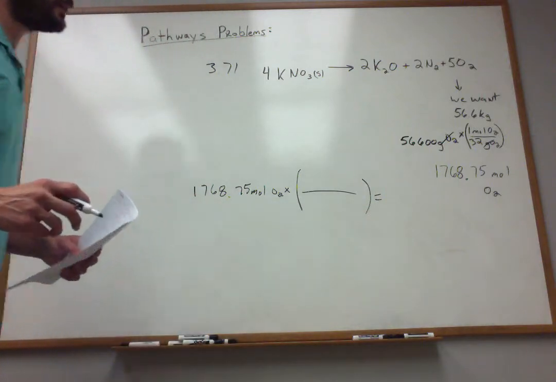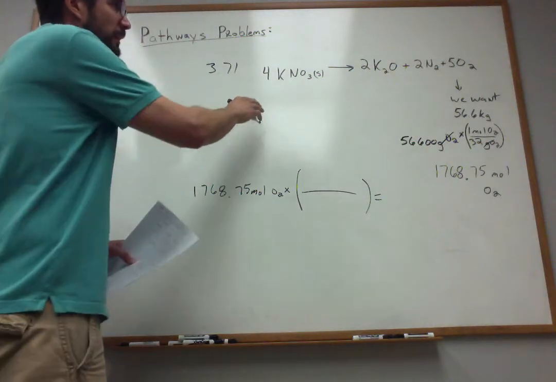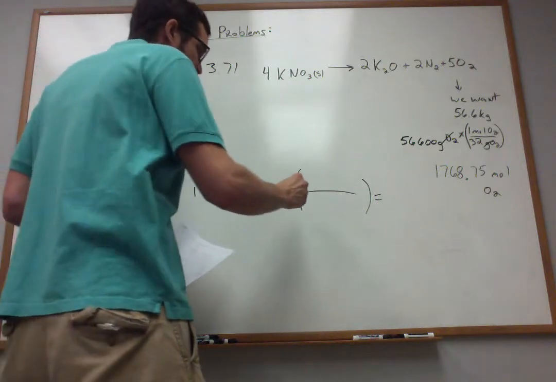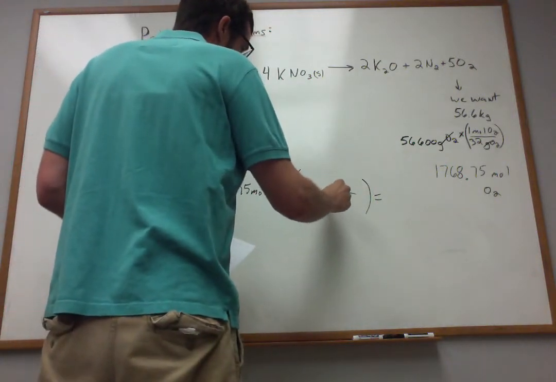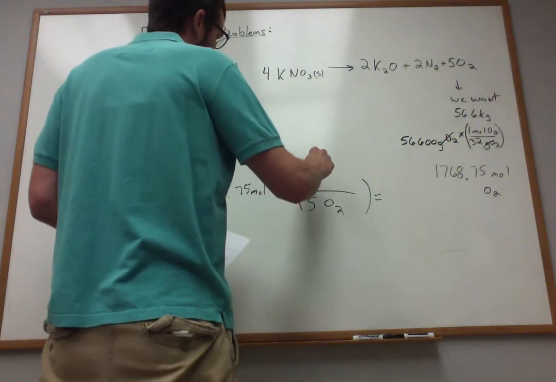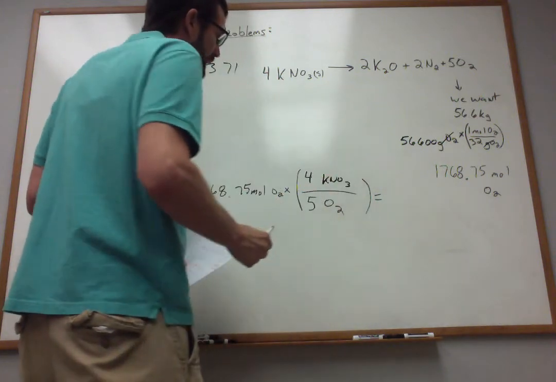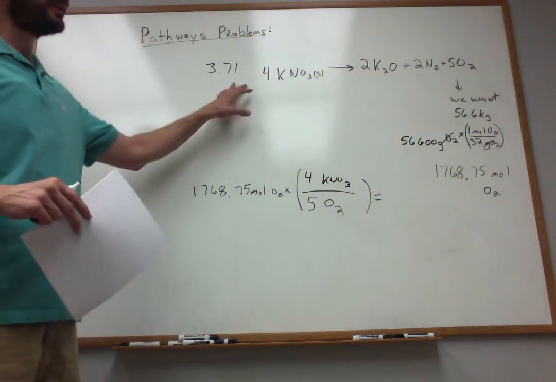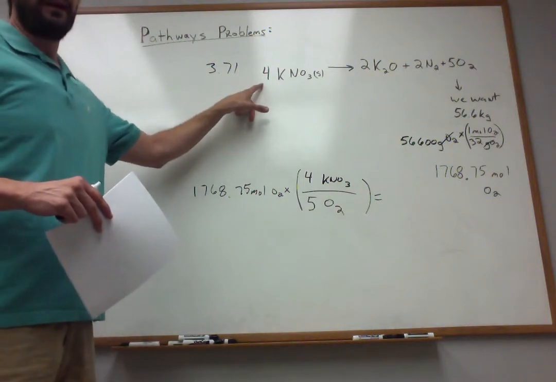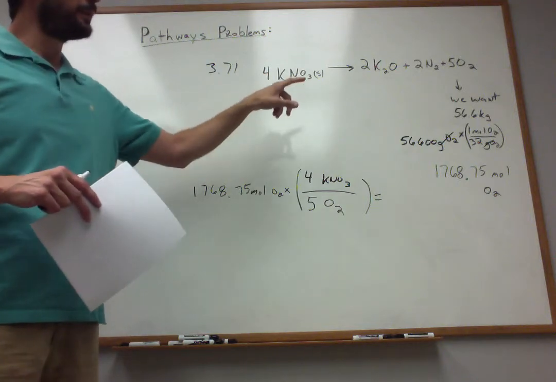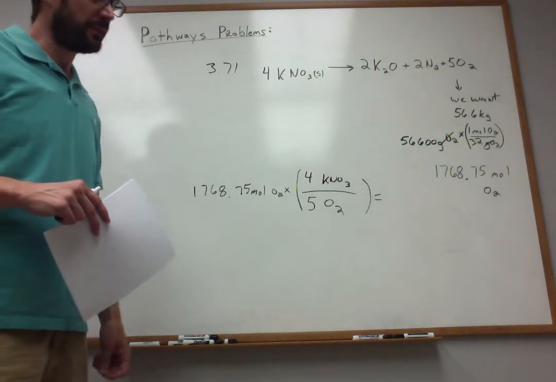Doesn't it make sense that I can use the ratio of reactants and products from the balanced chemical equation to help me? For instance, I know from my balanced chemical equation that for every 4 moles of this stuff that reacts, I produce 5 moles of oxygen.